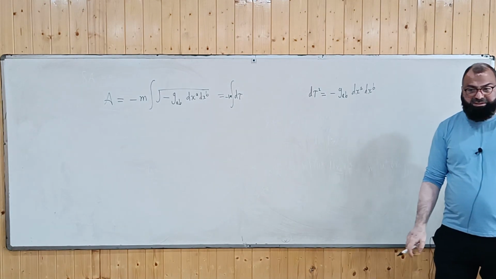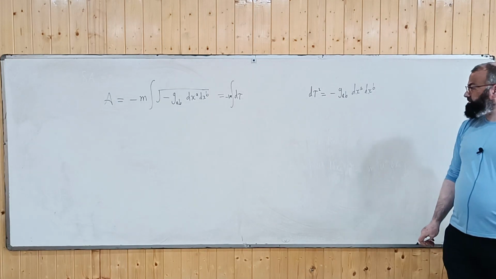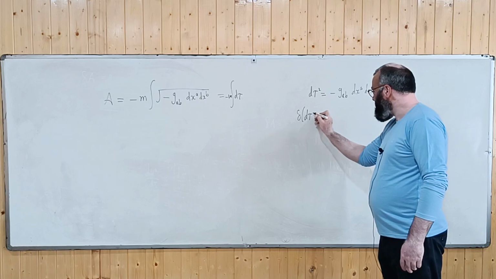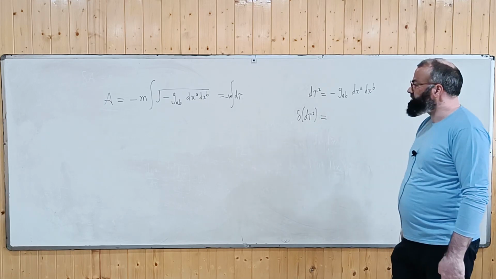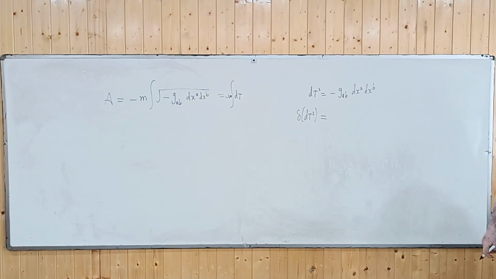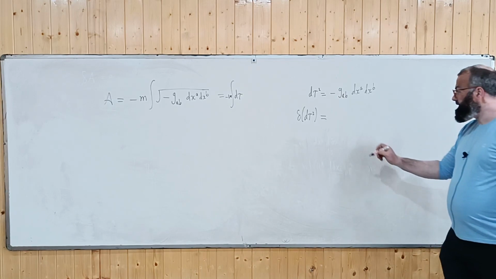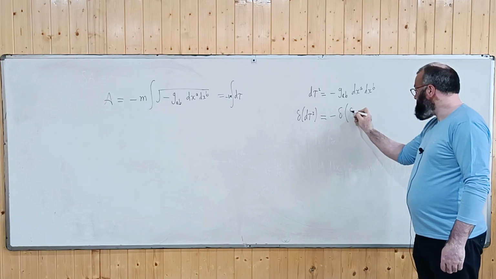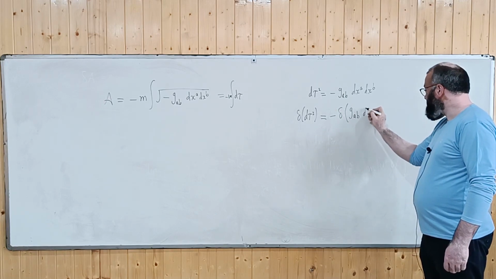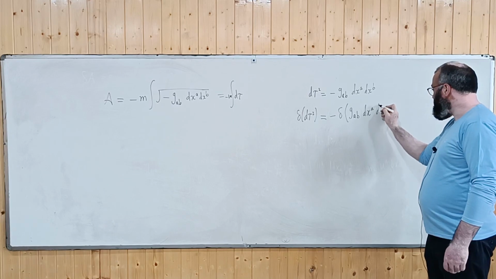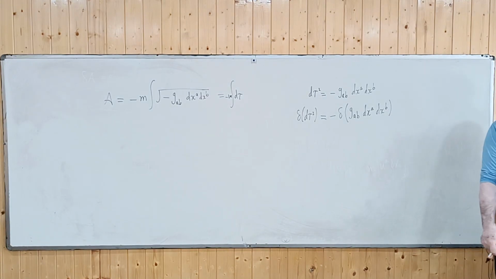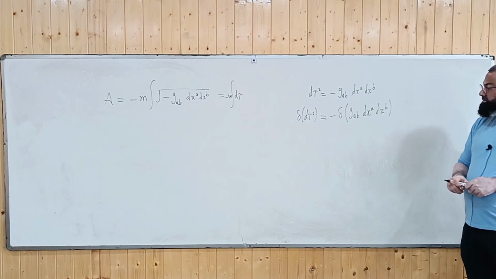So now let's vary, because we need to vary the action. Let's take the variation of this d tau square. It is equal to minus the variation of g_ab dx^a dx^b.